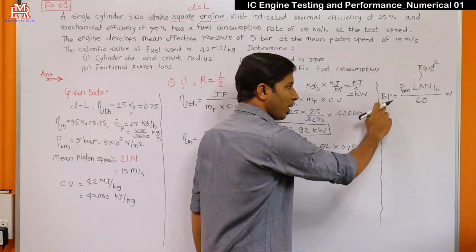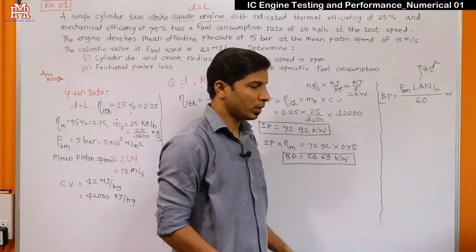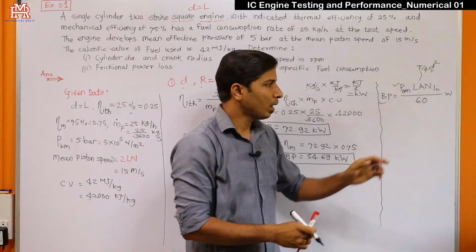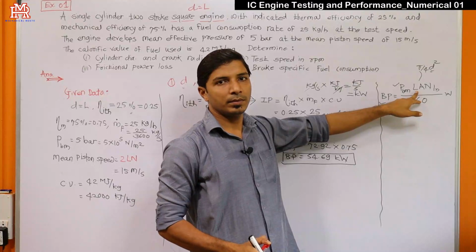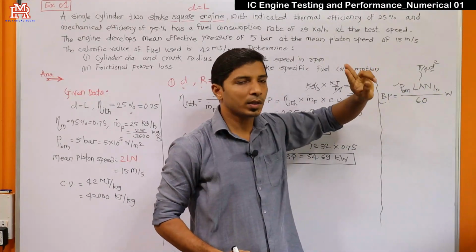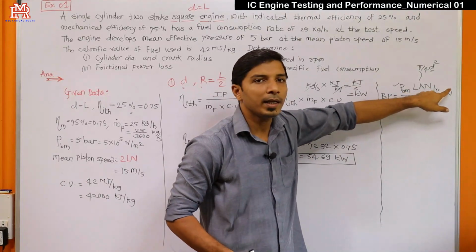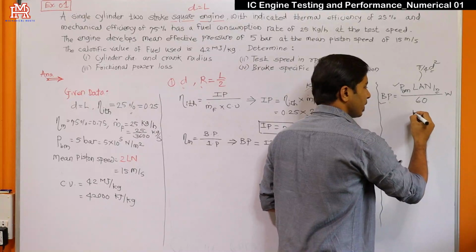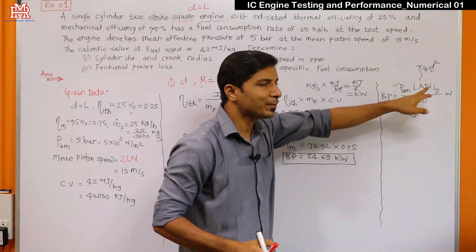So now see whether you can calculate this diameter through this formula. See, brake power, this value is known that we have calculated. PBM is given. I don't know stroke length, right? A, this is also unknown. So two unknowns are there, and N and small n. So this small n, we know what has been given.